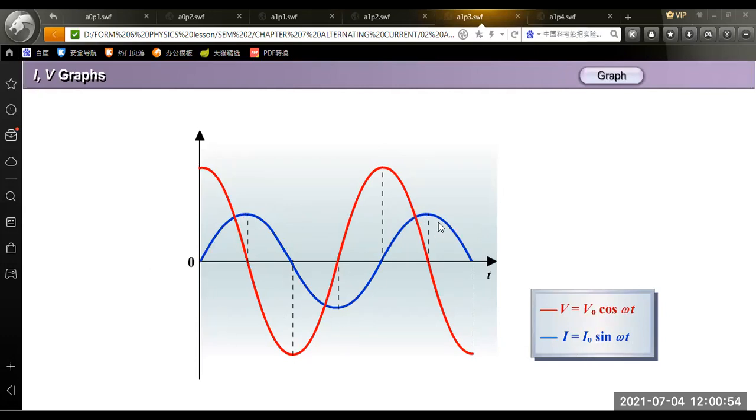To compare them, this graph, the red color, needs to be moved a little to the right side so that it becomes sin. How much is the difference? The difference is pi over 2, so the phase difference will be equal to pi over 2.